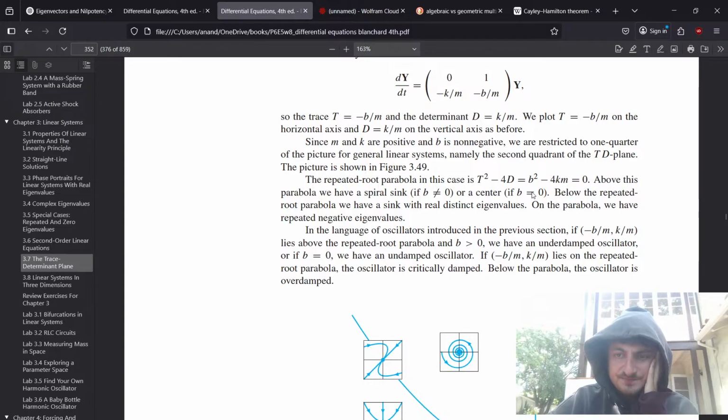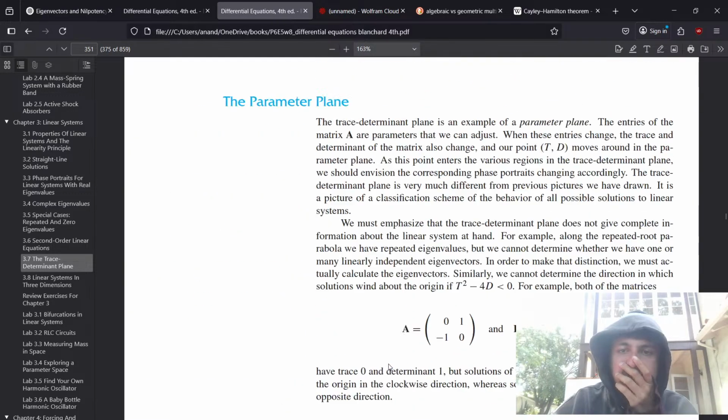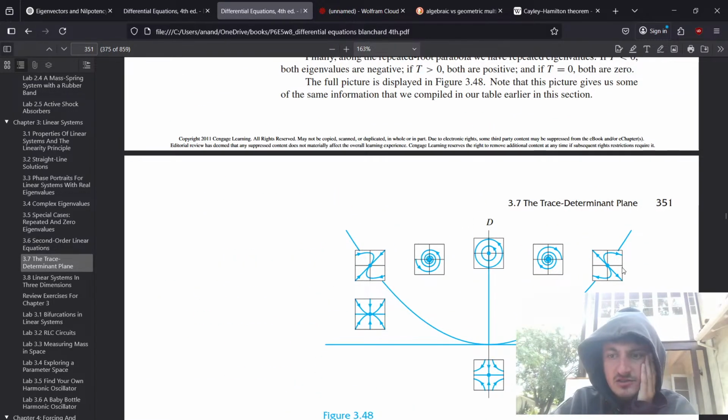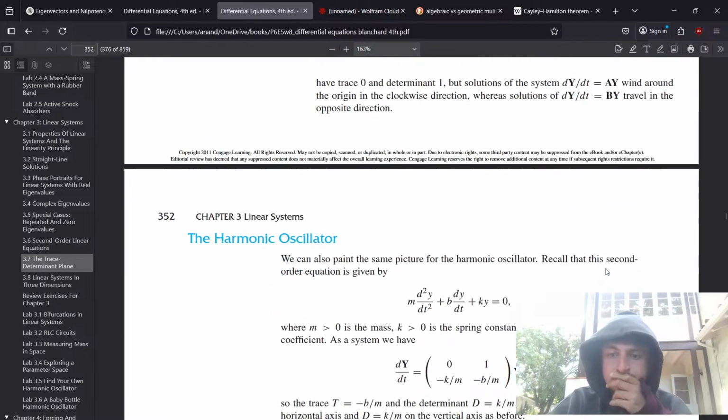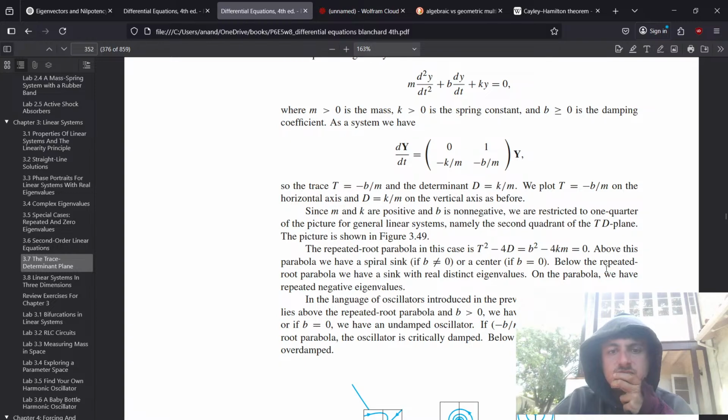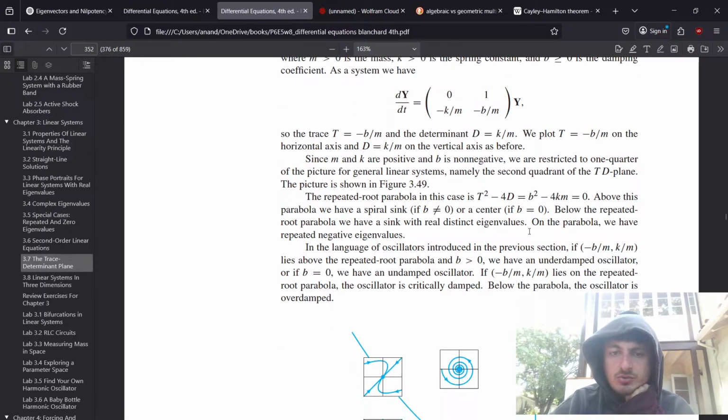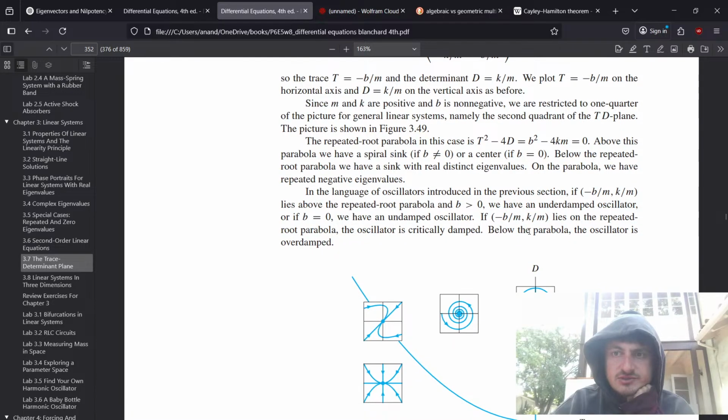We plot... right. Did we have that on there? Yeah, these are good. Since m and k are positive and b is non-negative, we are restricted to 1/4 of the picture for general linear systems.